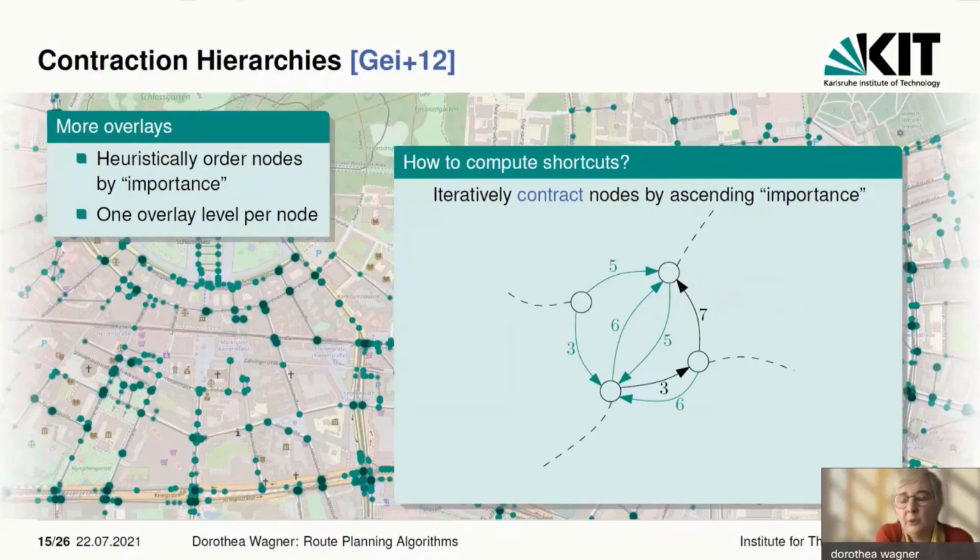Okay, we could go one step further. For example, here we have introduced this edge of length 6, which was induced by a shortest path from that node to that node via the contracted node X. But it could be that somewhere in the network there is some other path from that node to this node, which is even shorter. Here we have a path of length 5. So this edge of length 6 is not really required for computing shortest paths.